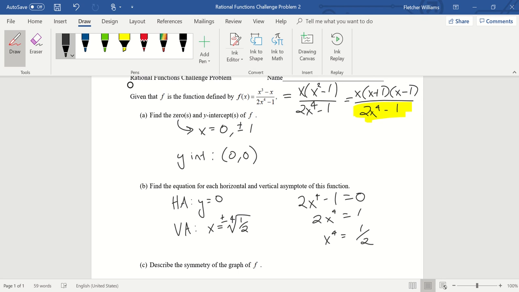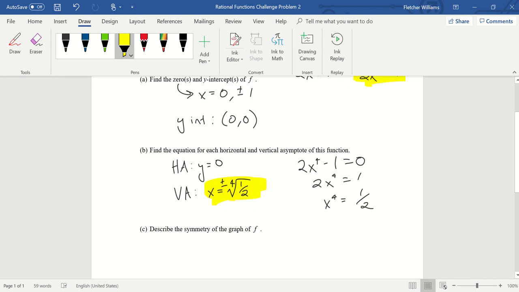So x does equal plus or minus fourth root of a half. Not the prettiest looking number, but that's it. Those are your vertical asymptotes. And when we graph it, I'll talk to you about how to think about it.